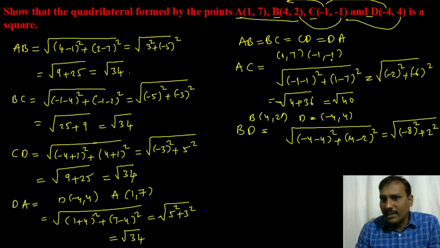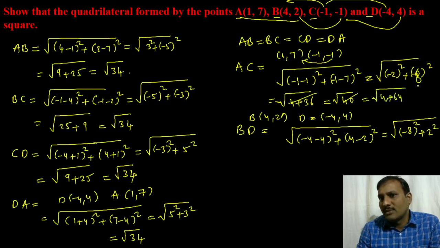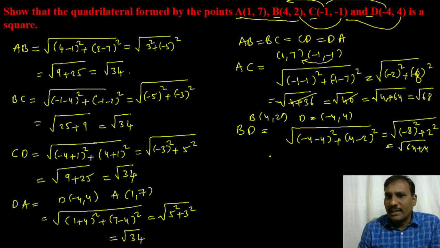And here we made a mistake. Minus 1 minus 7, so it is minus 8. So this will become 4 plus 64. 8 square is 64. Therefore root 68.